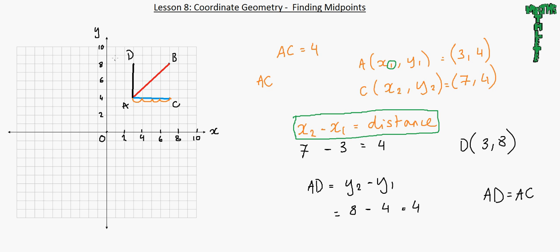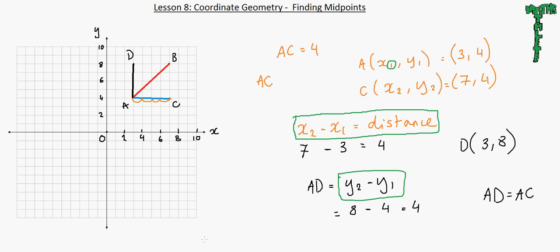Now that we have this, we want to work out AB. We can use our Pythagoras, and we can use this formula here. To work out the distance between 2 points, you would use this formula, and it would look something like this.